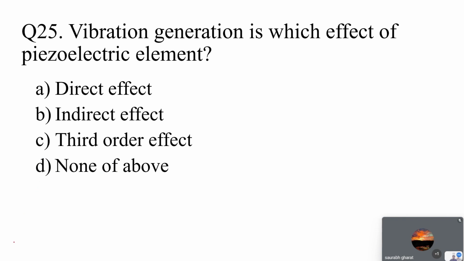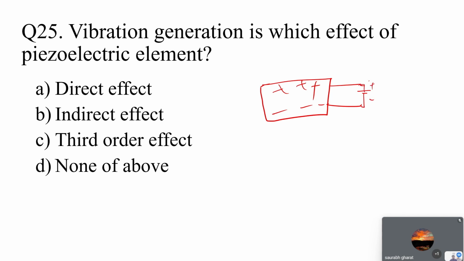Vibration generation is which effect of a piezoelectric element? The direct effect you know. Now you need to find the indirect effect. You have a battery over here with plus and minus, and you provide current. What will happen?